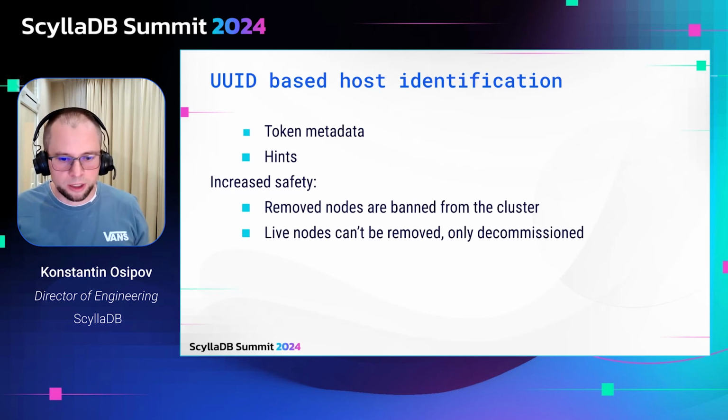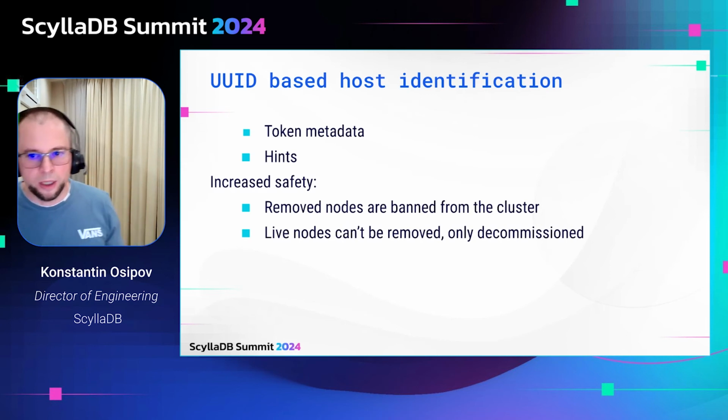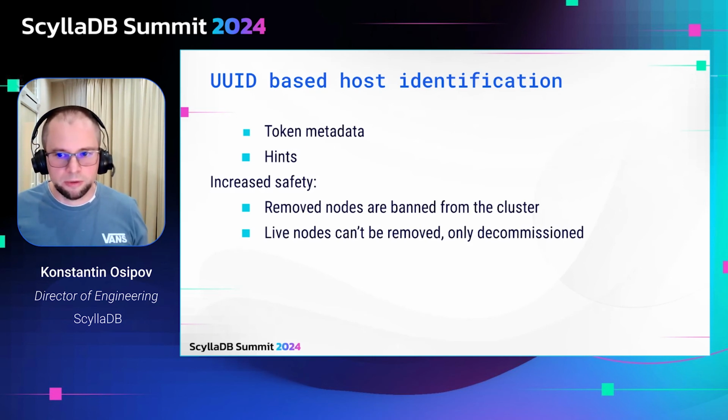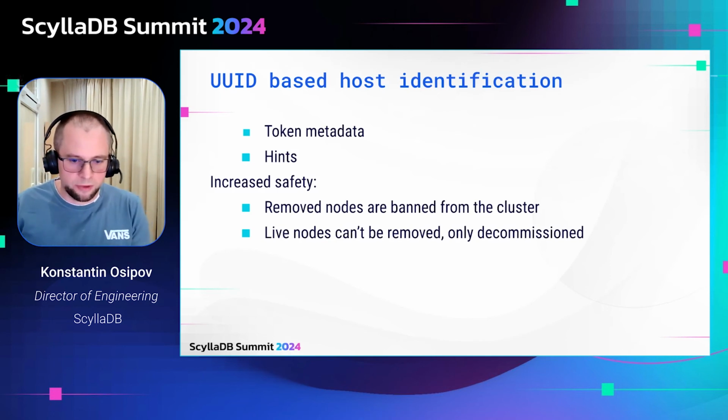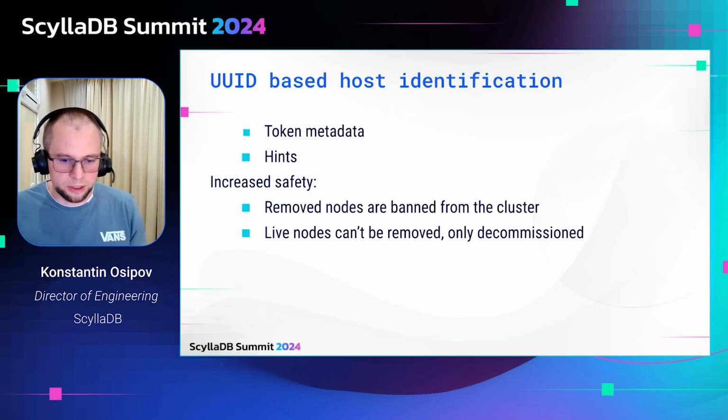When we establish a connection to a node, now we perform a kind of handshake, and this handshake includes the node's host ID, and it allows us to ensure that a node that was removed from the cluster, for example, cannot corrupt the cluster data with its queries, with its requests, because the rest of the cluster knows, even though it has the same IP address, for example, it has a removed host ID, so it's no longer a member of the cluster, and we need to ban it from the cluster.